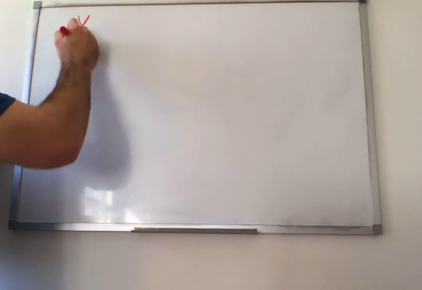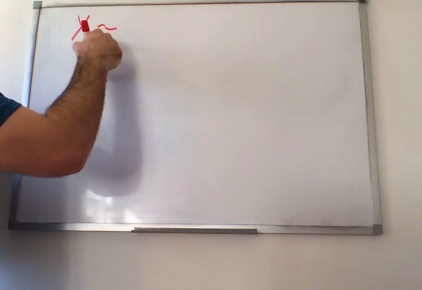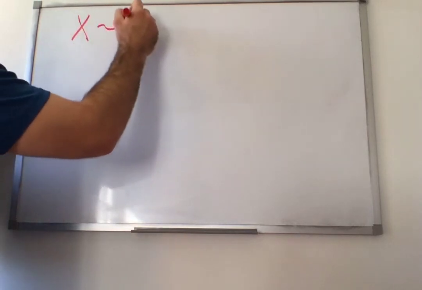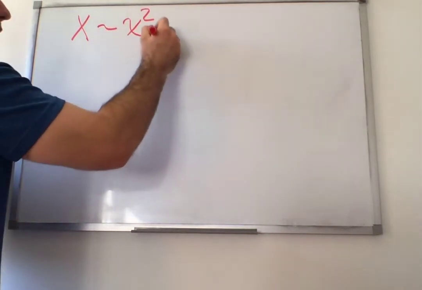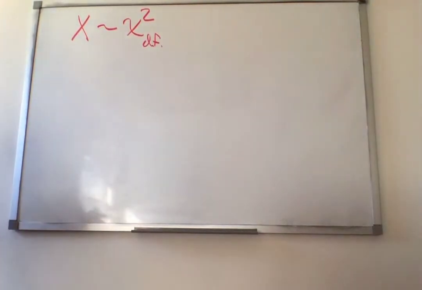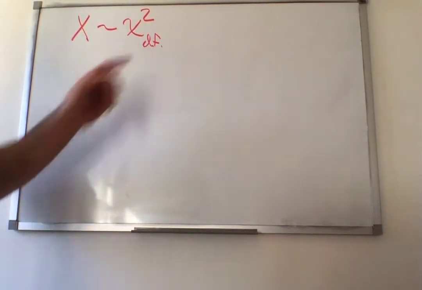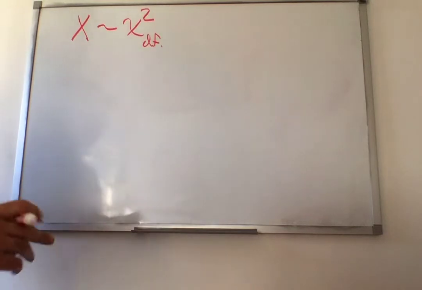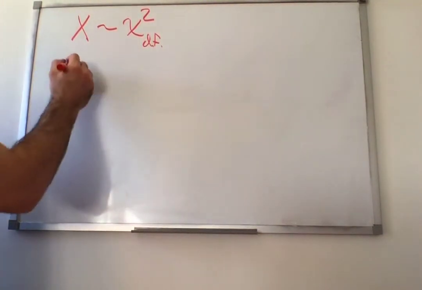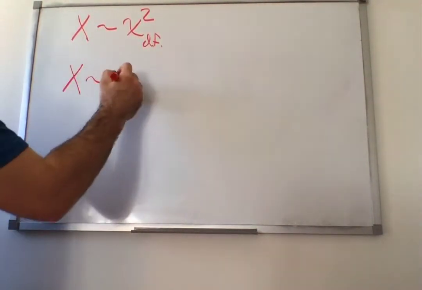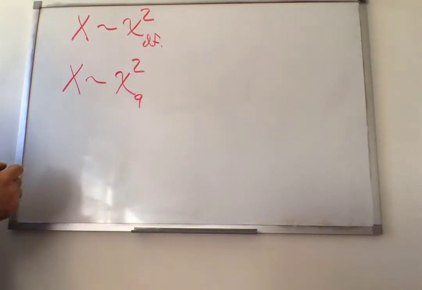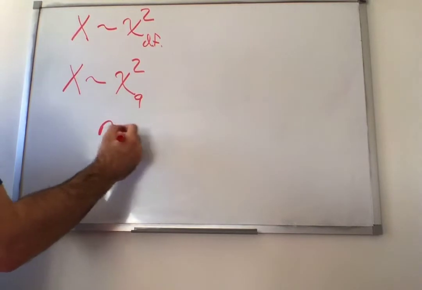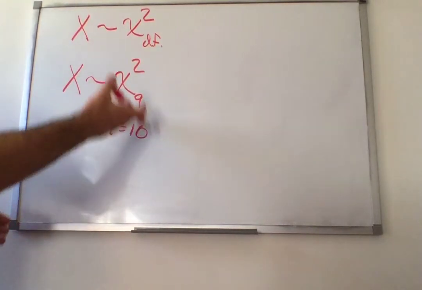So your distribution is going to be chi-squared with however many degrees of freedom, okay? Again, you always know your sample size, subtract 1, that's the number that would go down here. So just for an example, we could say our distribution is chi-squared with degrees of freedom of 9. This would imply our sample size would be 10, because n minus 1 is 9.